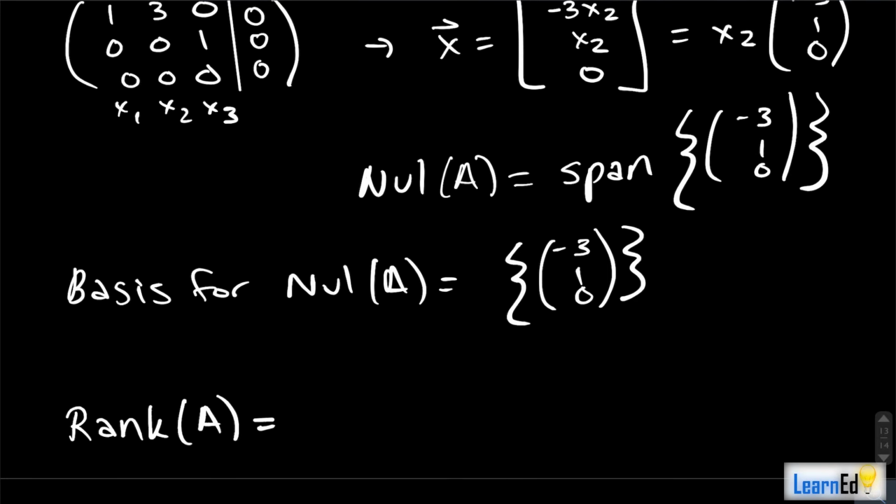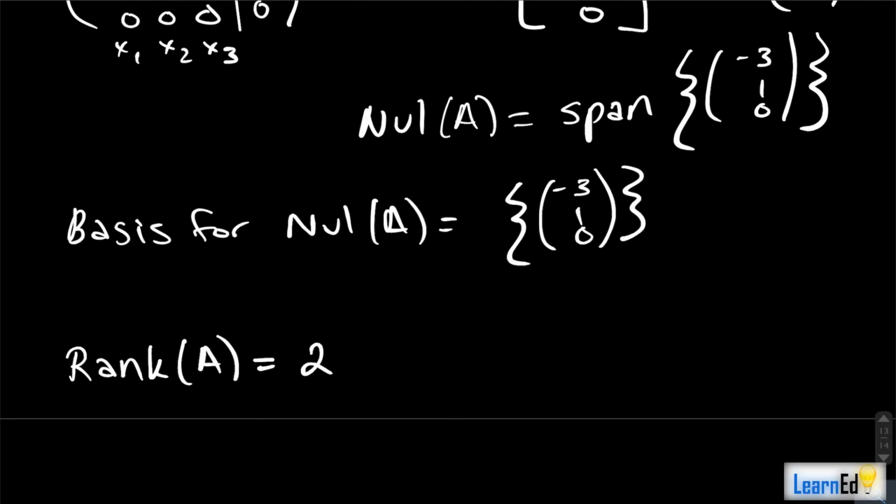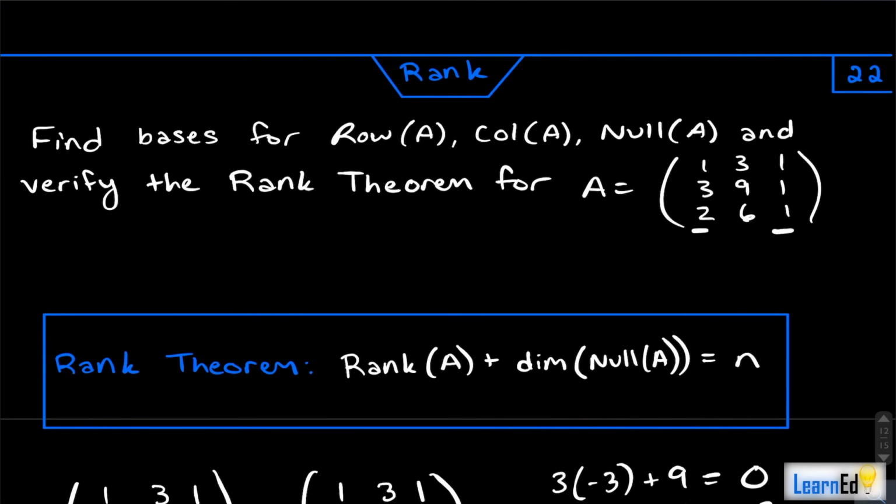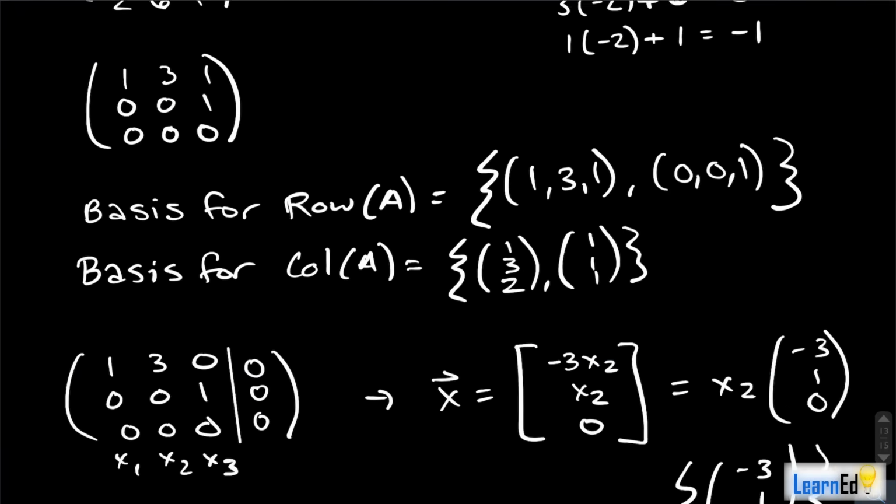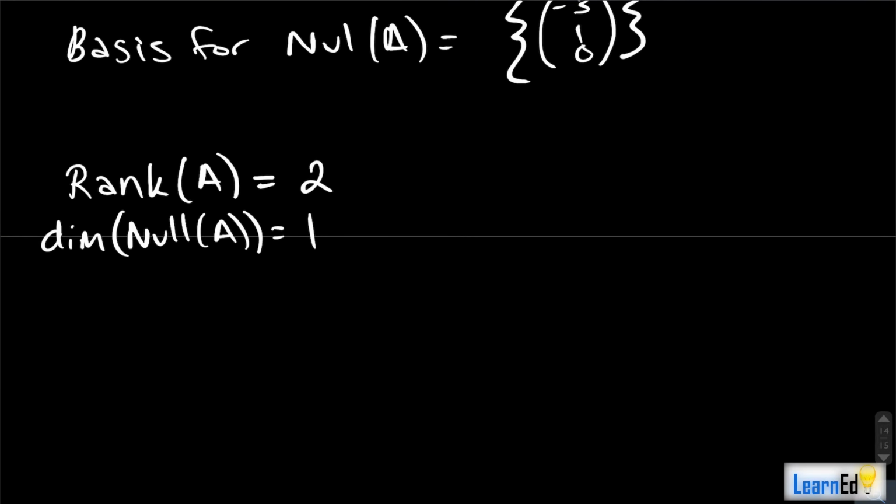The dimension of the column space of A, there are 2 vectors here, and that's also called the rank of A. So that is 2. The dimension of the null space of A, which apparently doesn't have a fancy name, equals 1. And how many columns are there? There are 3. So n equals 3, and 2 plus 1 equals 3.